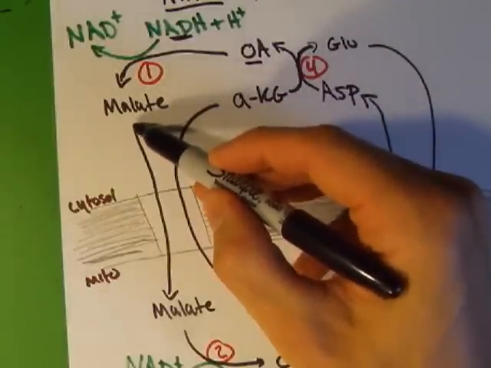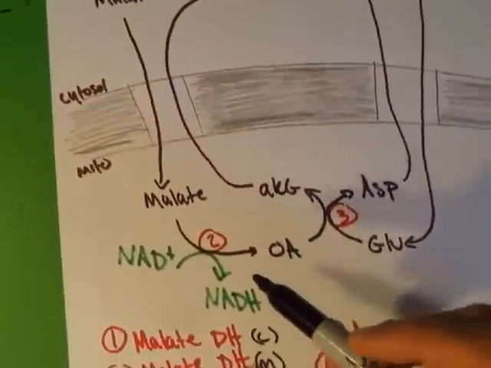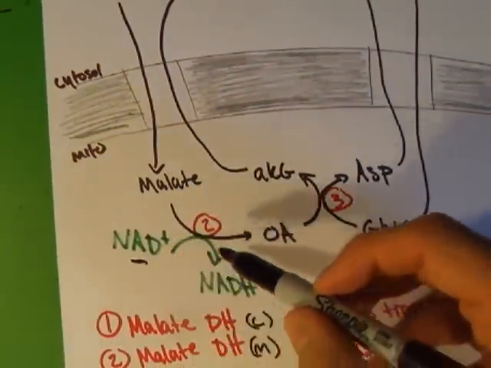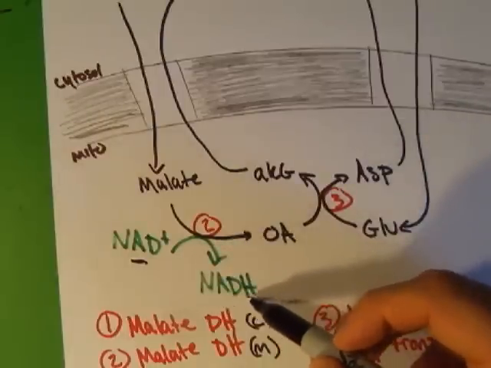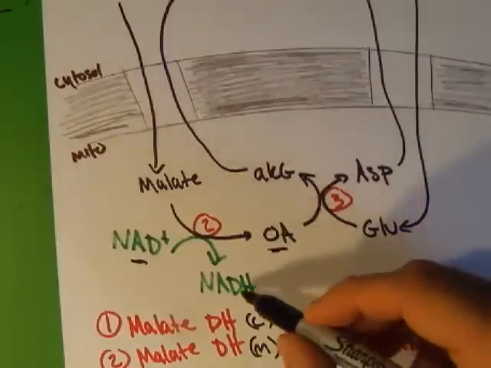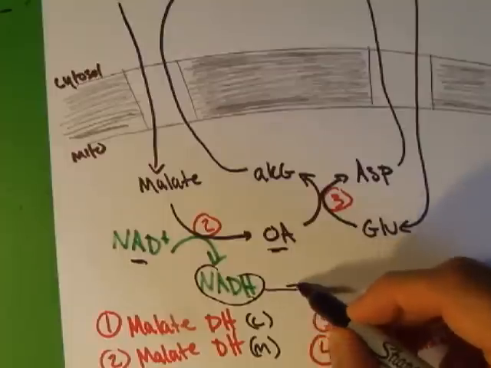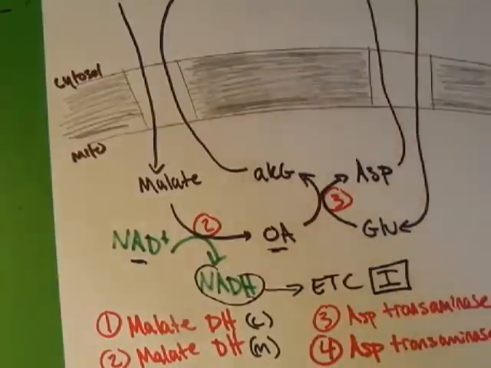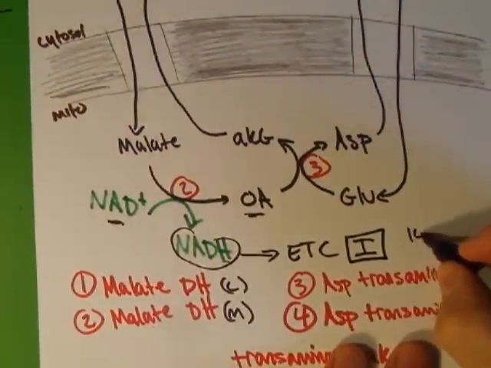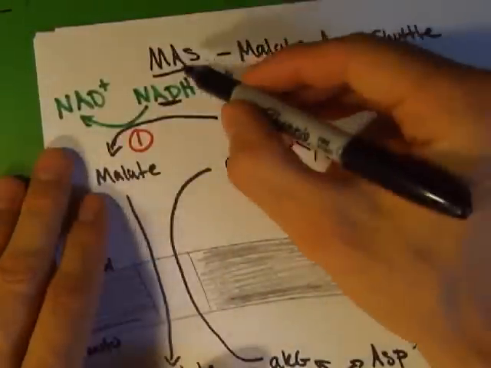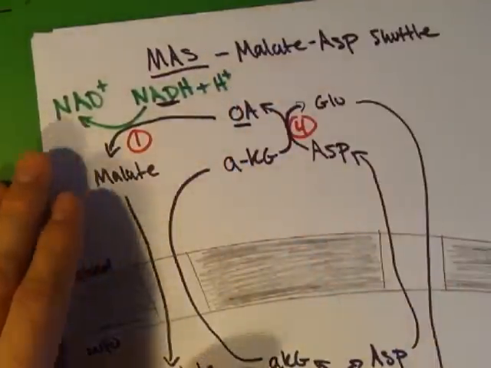The malate can enter into the mitochondria, find an NAD+, pass off its extra hydrogen, so it's going to turn back into oxaloacetate, and this NADH can go straight to the electron transport chain, the first complex. That's why it's going to get more. So you're going to have 10 protons rather than the 6, like from the GPS. Just remember, the MAS shuttle, MAS makes more ATP.